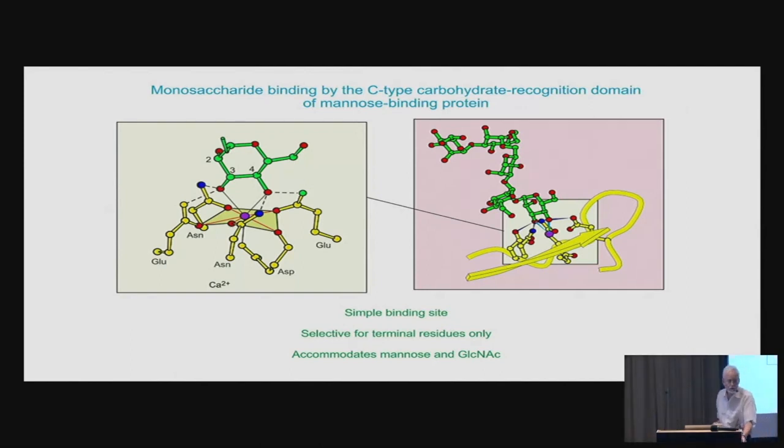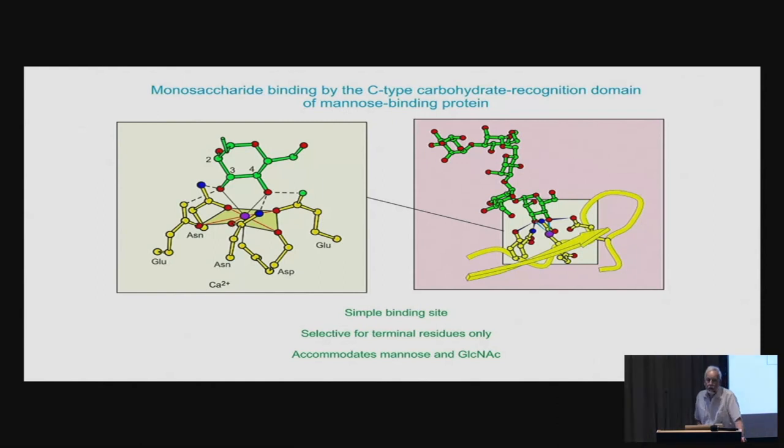So it can bind either of those two ligands, which tend to be more common on microorganisms, as opposed to things like galactose and sialic acid that are common on your own sugars. So you can start to see the beginning of a differentiation, even with such a very simple binding site.